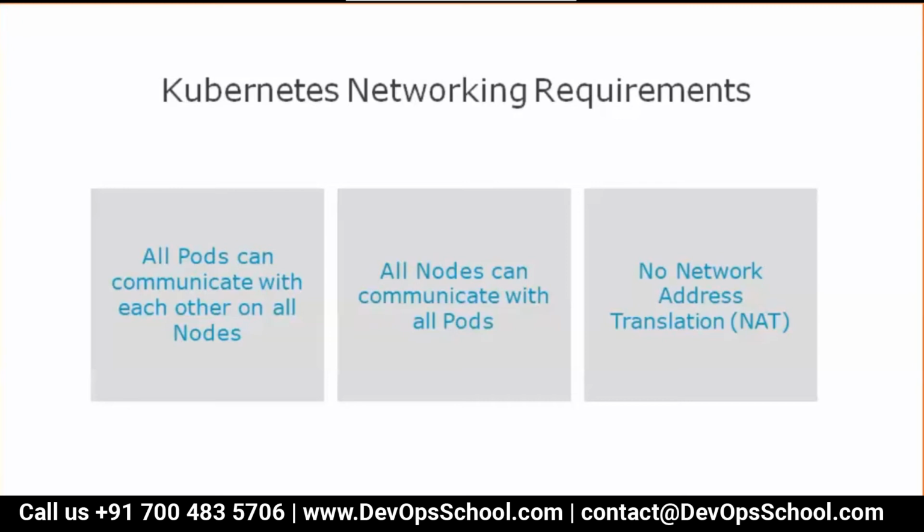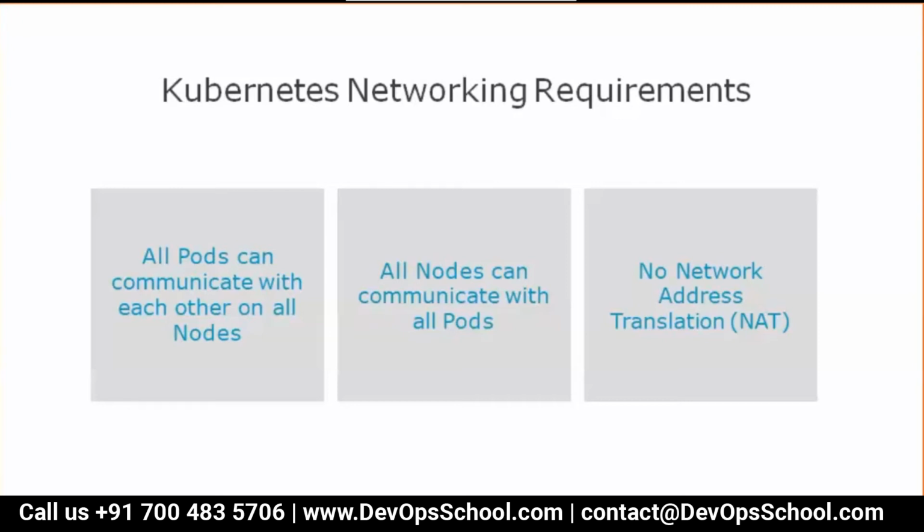The second requirement is all nodes can communicate with all pods. That means as part of the cluster, let's say 20 machines are there. All the 20 machines should be able to connect with any pod, and all the pods should be able to connect with any node. Those are the two requirements, and without a NAT, without network address translation. So how can we get this requirement done?